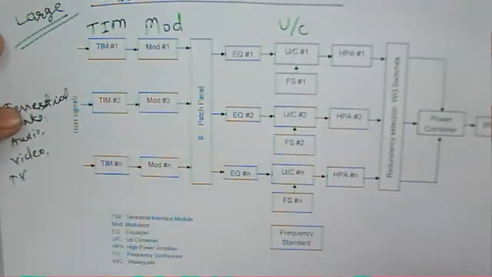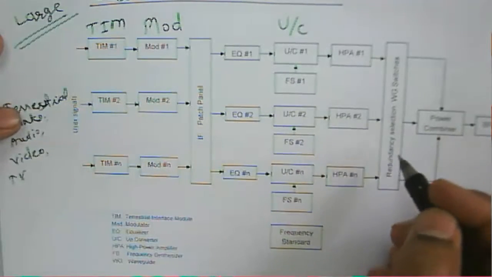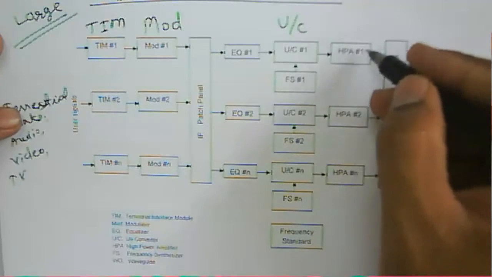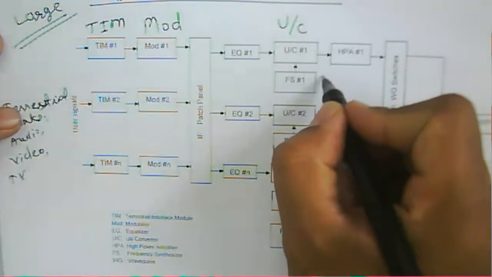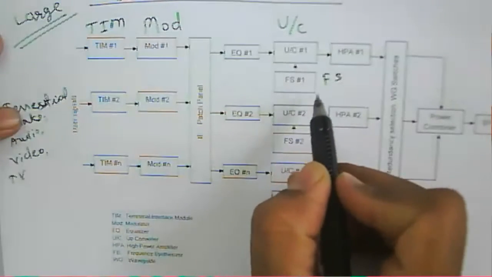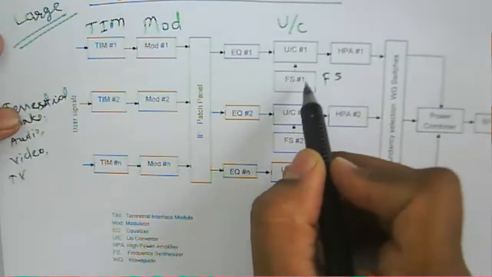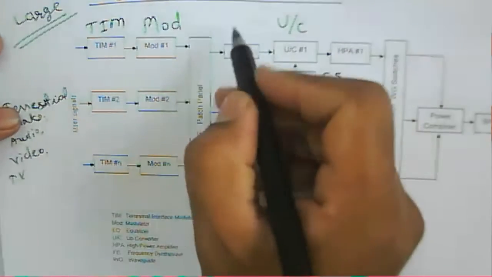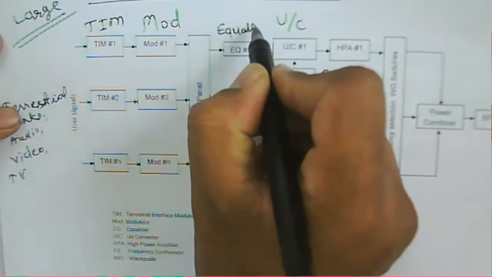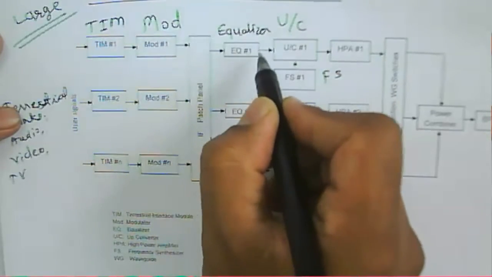Then we have the frequency selecting network or a frequency synthesizer here, and then the up converter. Then we have an equalizer. This one is the equalizer here.